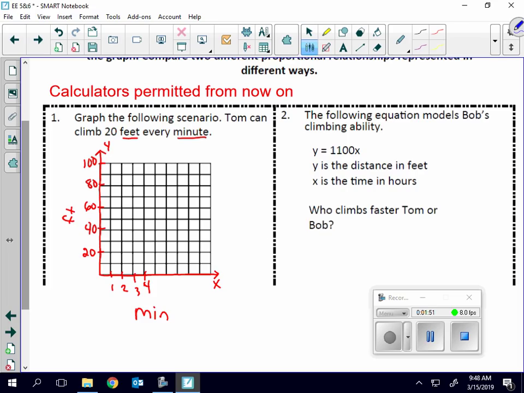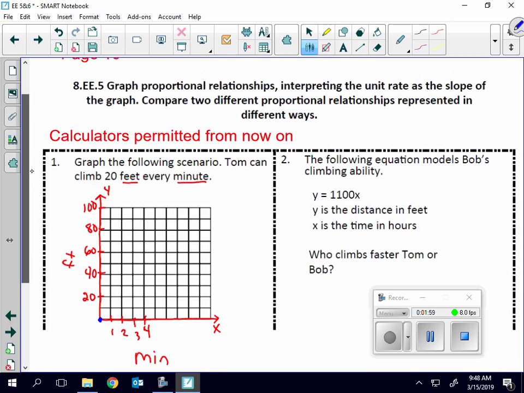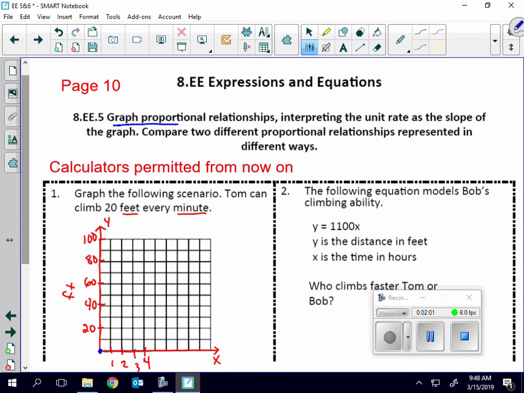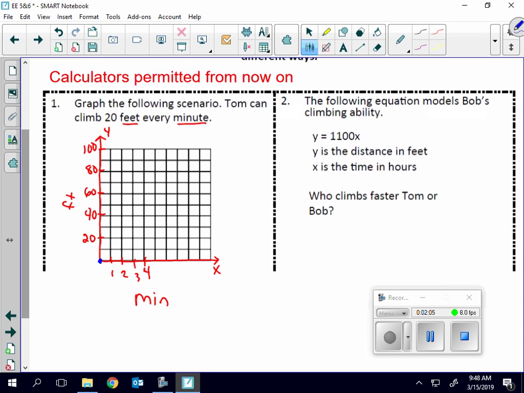Well, if I go 20 feet every minute, then I probably started off at 0. And in fact, we know that because we are doing proportional relationships on this page, and you guys know that proportional relationships go through the origin. Okay, so then we have, after 1 minute, if we go 20 feet per minute, I go up to 20.